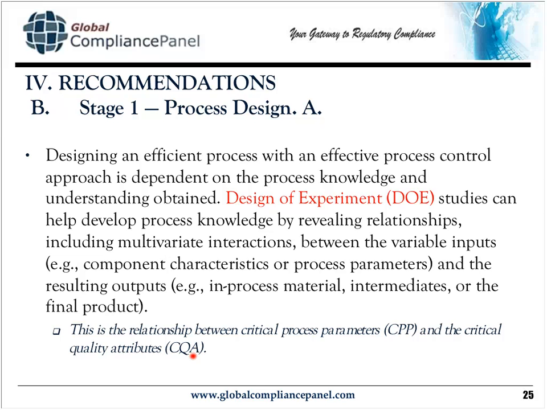During design, your design people should identify what the critical quality attributes are, and at that point, determine also what are the critical process parameters that give you the critical quality attributes. And this can be done through design of experiment studies, where you can show relationships between them, or non-relationships if you want to do that.